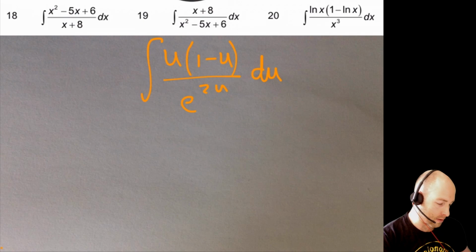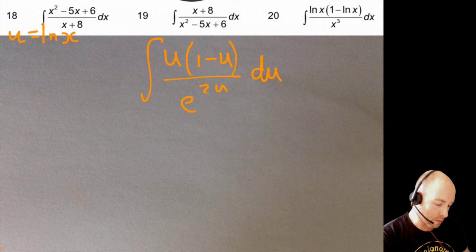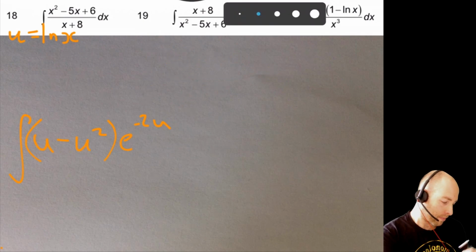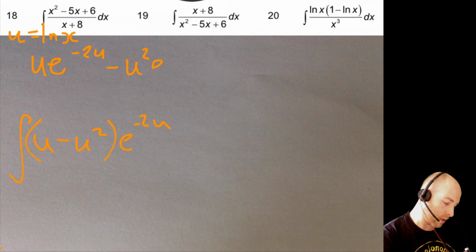Remembering that we said u is ln x earlier on. So to do this, I'm going to expand the top, bring the e's up. So we're going to get integral of (u minus u squared) times e to the minus 2u. I'm going to expand it to get u e to the minus 2u minus u squared e to the minus 2u.